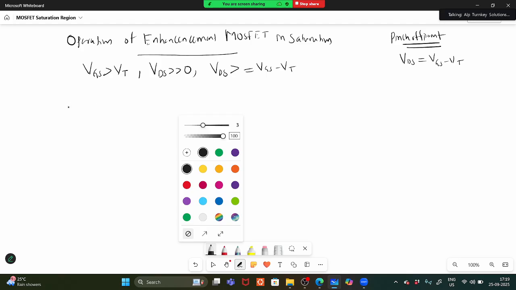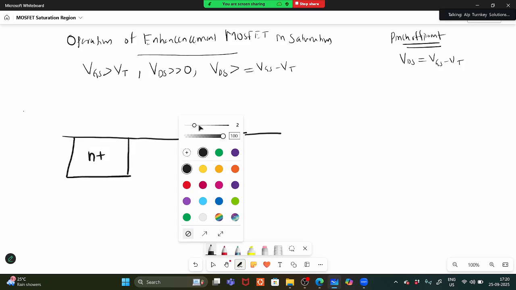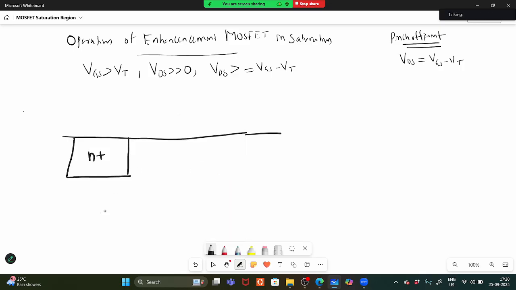So here I will draw this MOSFET in saturation region. This is n plus, this is n plus, and this is the p substrate.